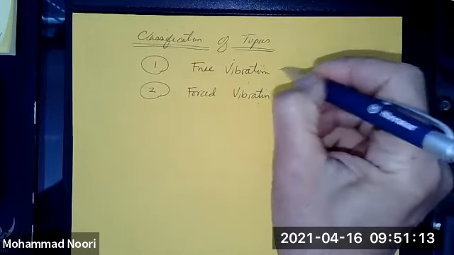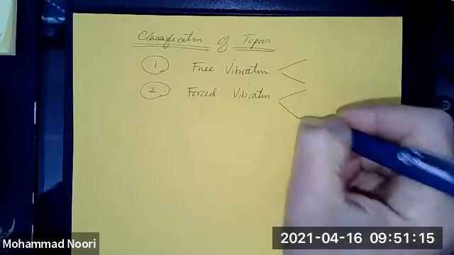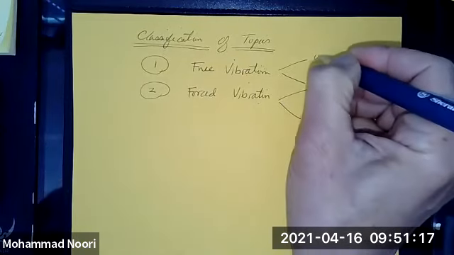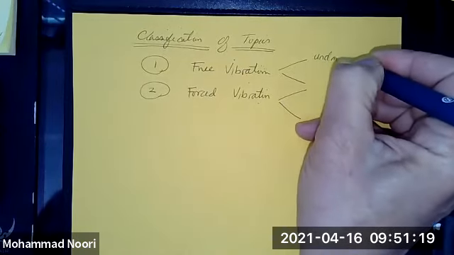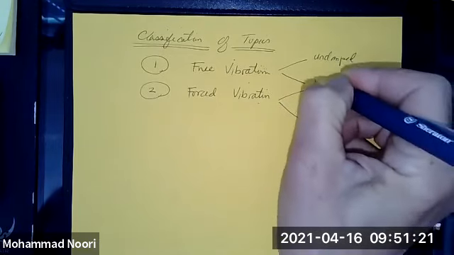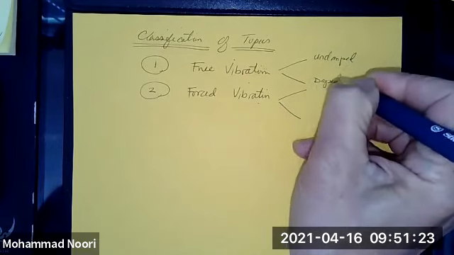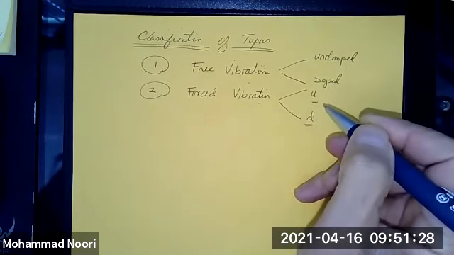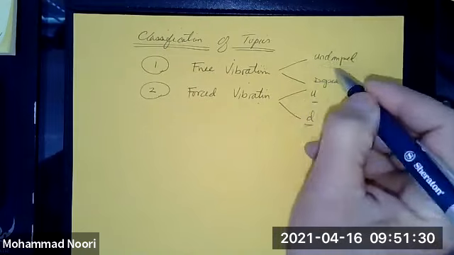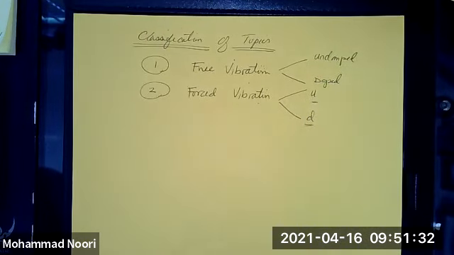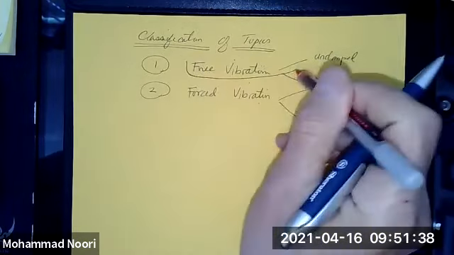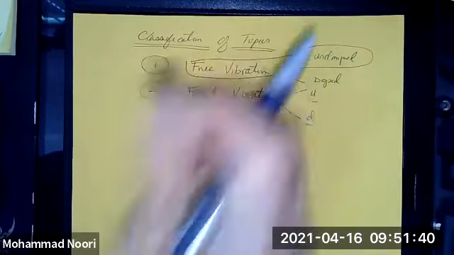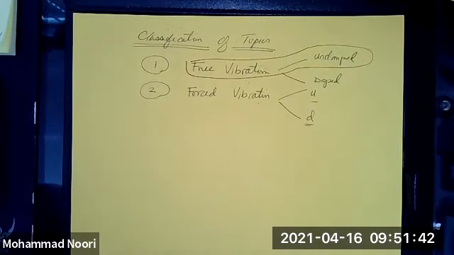But for each case, we do consider the system to be either undamped or damped. So undamped and damped. So far, what we have done, we have basically studied this category. We introduced that.